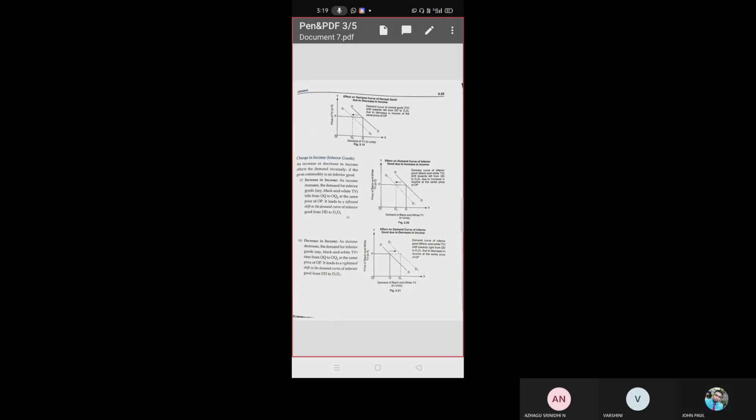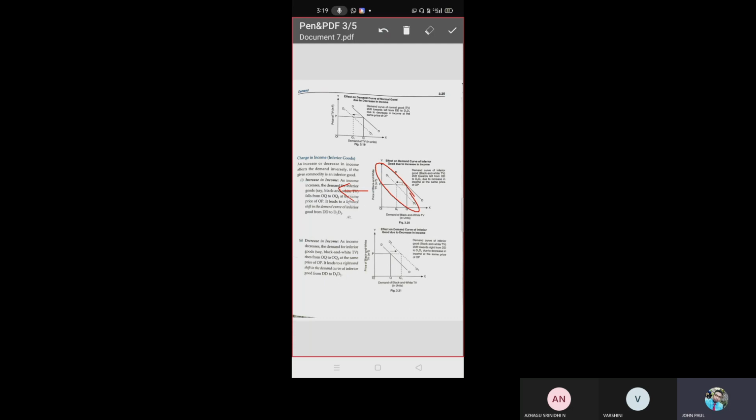Okay, the next one is the rightward and leftward shift in demand. When will we get a rightward shift, and when will we get a leftward shift? You can see here, is this a leftward shift or rightward shift? Leftward.